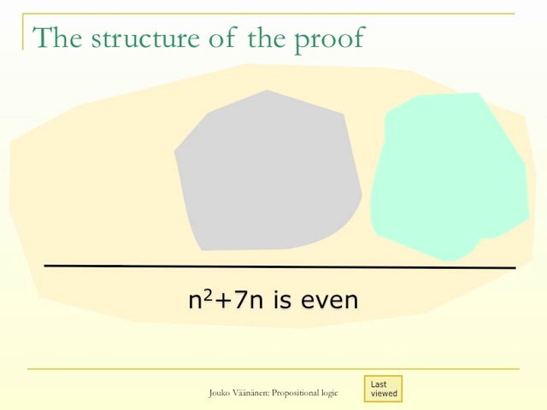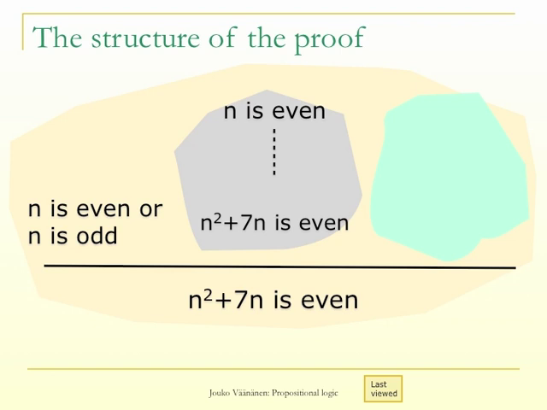The structure of the above proof by cases is the following. We want to prove that n squared plus 7n is even. We know that n is even or odd. Note that this is a disjunction. We also know that if n is even, then n squared plus 7n is even, and also that if n is odd, then n squared plus 7n is even.